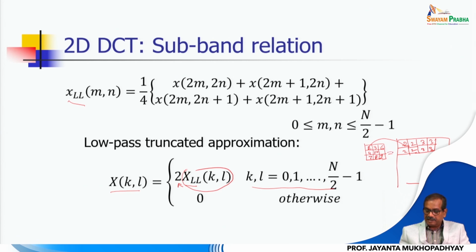This could be a spatial domain operation, but in the frequency domain, effectively in the DCT domain, what does it do? Suppose we have a 4 cross 4 block of DCT, or let us say a 3 cross 3 block of DCT.